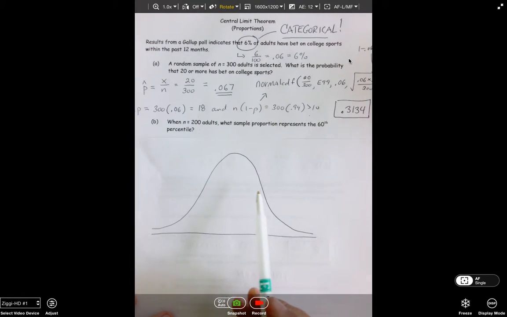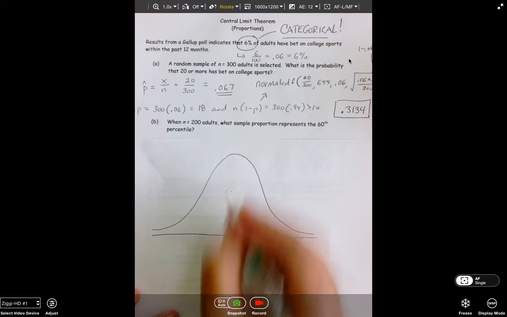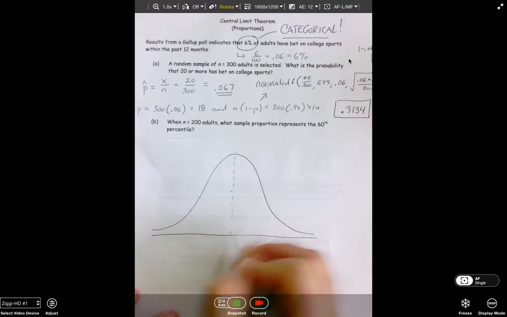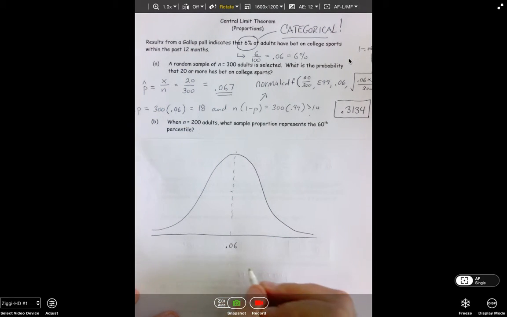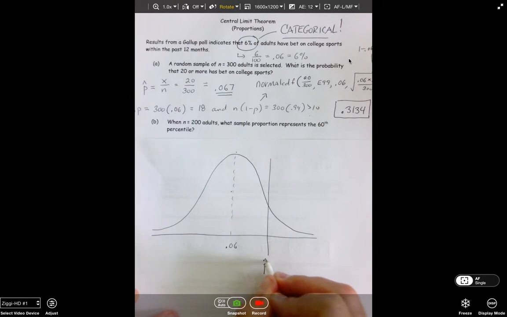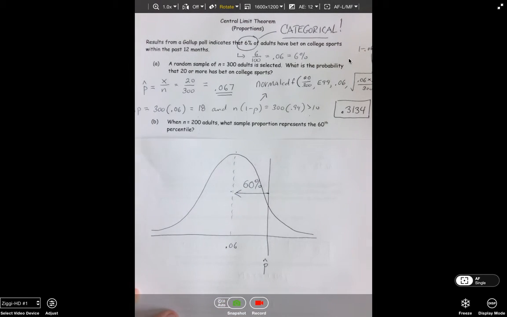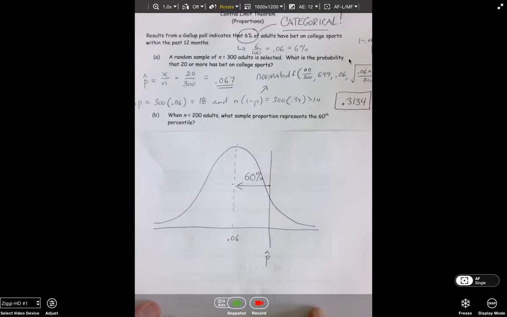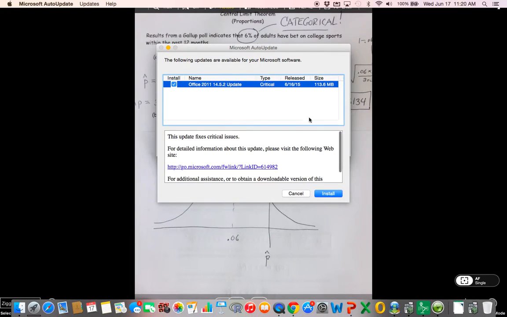So we know when n times p and n times 1 minus p are bigger than 10, that we'll have a normal distribution centered at the percentage we start out with. All right? Well, there has to be some p hat right there that has 60% of the sample proportions below it. Well, guys, from previous problems, how do we find a score from a distribution that has a given characteristic? We use inverse norm.